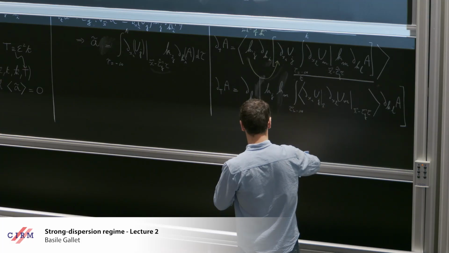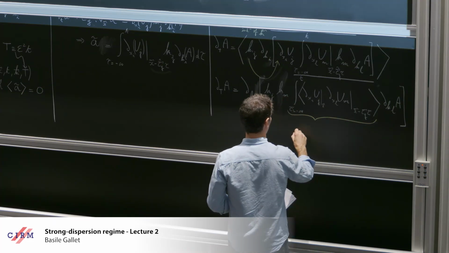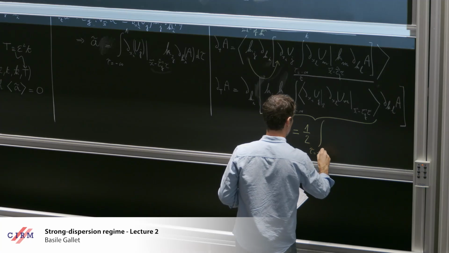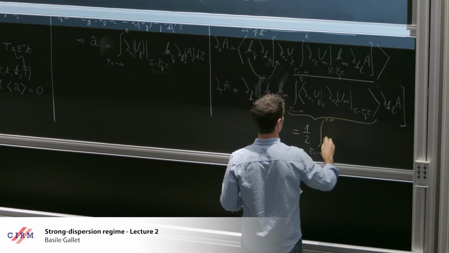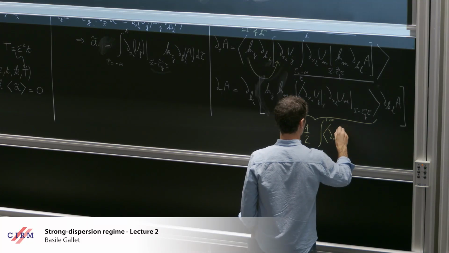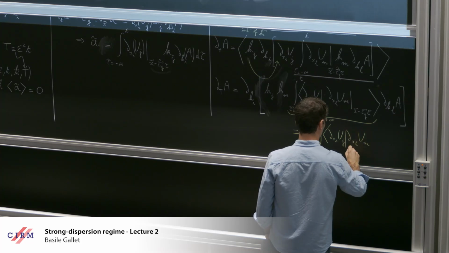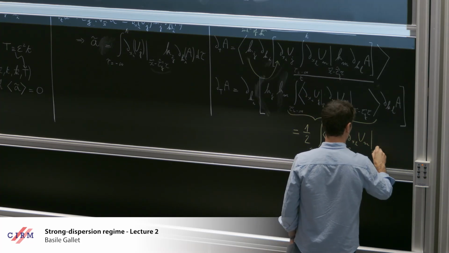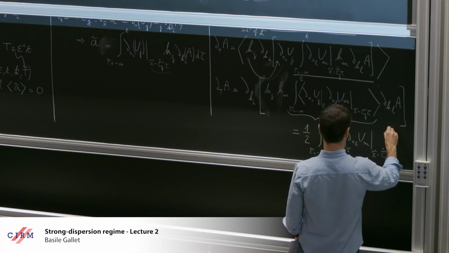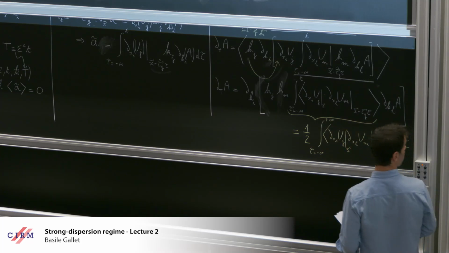So you can check that this thing here is just equal to 1/2 the integral t equals minus infinity to plus infinity of dxi uj, dxl um, first one at x, second one at x minus cg tau, d tau.